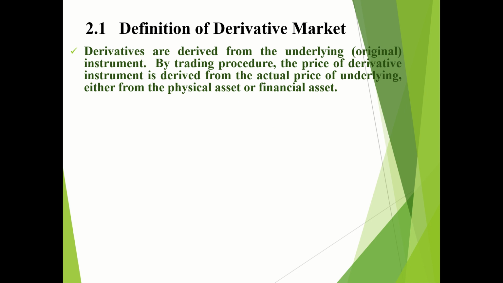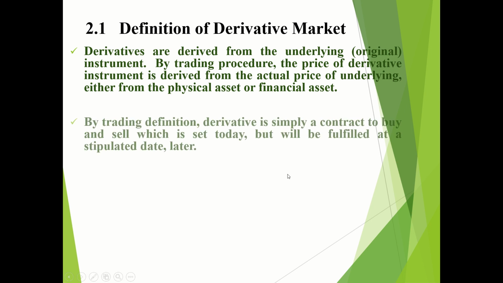Derivative is the market that I explained in chapter 1, where the delivery of goods and also the payment for the goods will take place in the future. Derivative is a type of security that allows the fulfillment of the contract, the fulfillment of the transaction, to be made in the future or at a later date.